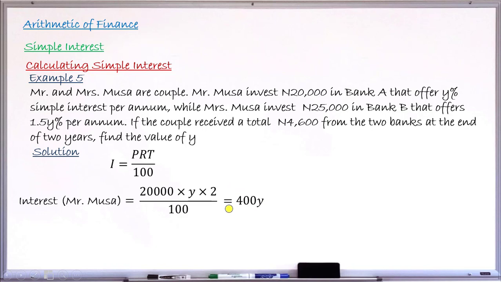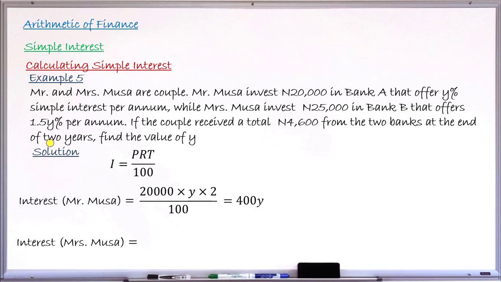So let me just move and find interest for the wife, that is Mrs. Musa. I'm going to substitute in this simple formula the amount she invested, that is 25,000, and her bank offers 1.5%, and for the same period, 2 years.